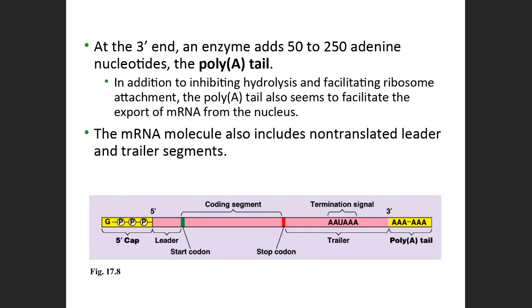Now, it's interesting to note that certain viruses, which are RNA viruses, so their genomes are made of RNA, if they are eukaryotic RNA viruses, their genome looks like what you see here. There's a 5' cap and a poly A tail right on that viral RNA genome.